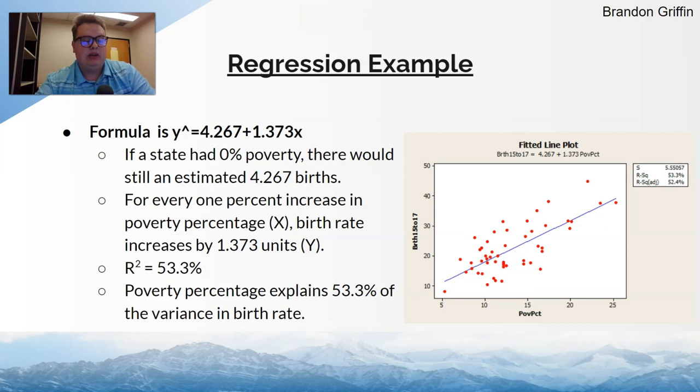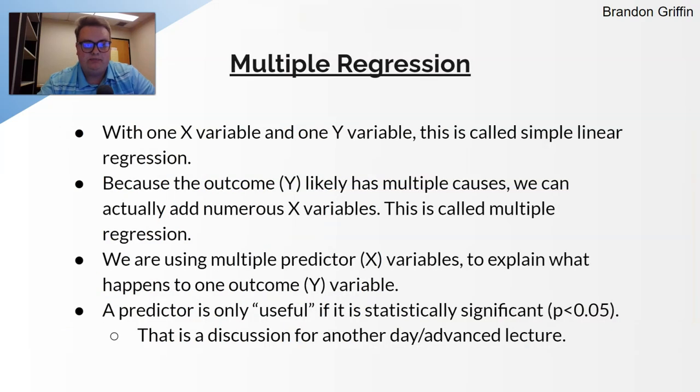Maybe we could test how many have stable families at home. We could test how many have jobs. We could test GPA. We could do a bunch of different things that would likely impact the birth rate of 15 to 17-year-olds with this poverty percentage. So we can add additional variables, additional x variables, independent variables that are likely to impact our dependent variable.